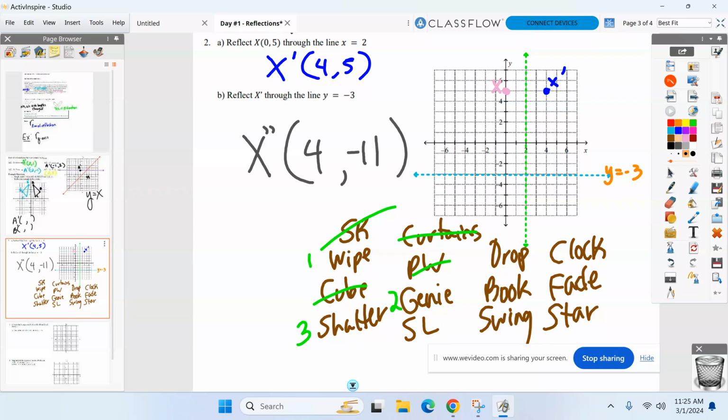Slide left. Drop. Book. Swing. Clock. Fade. Star.